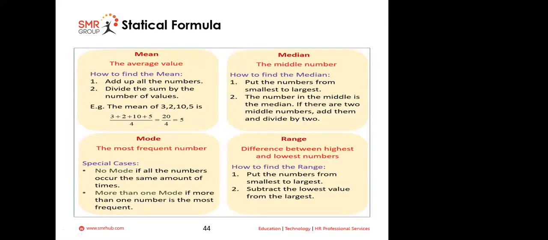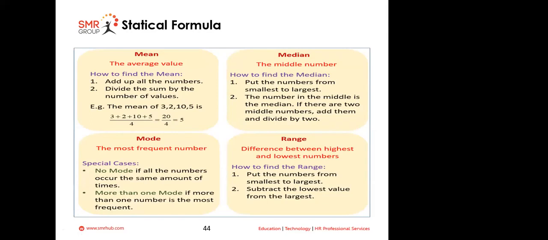A lot of us have already done this somewhere in our field of studies before. The mean, the median, the mode, and the range. But I'm just going to run through it with all of you. So to find the mean, you add up all the numbers and divide by how many values there are. It's the average value.